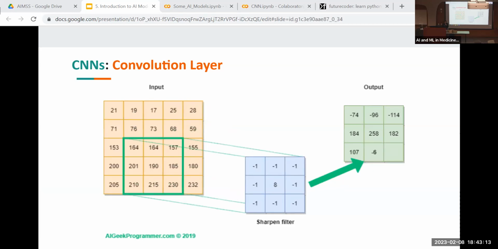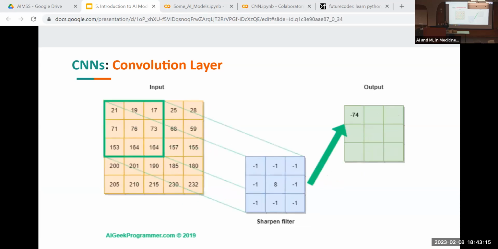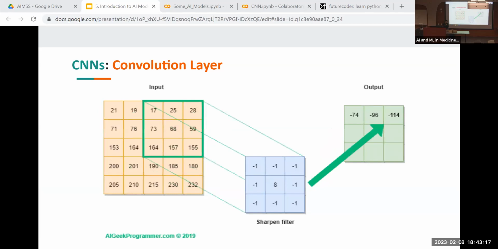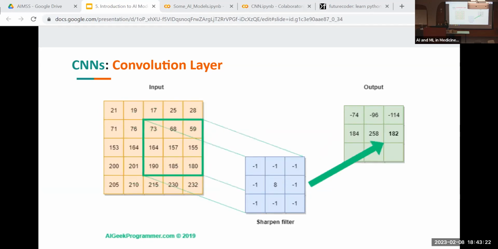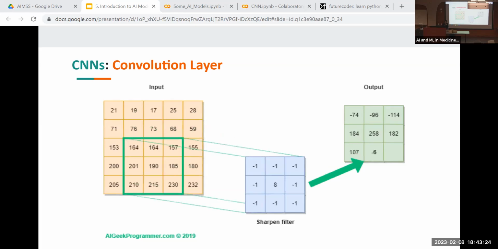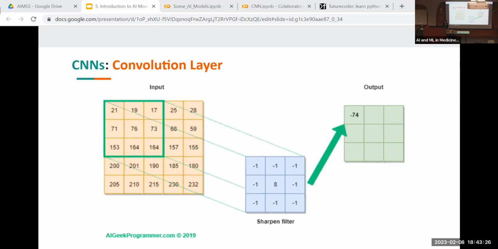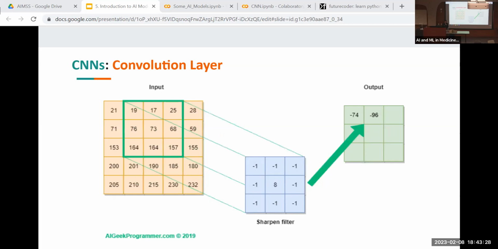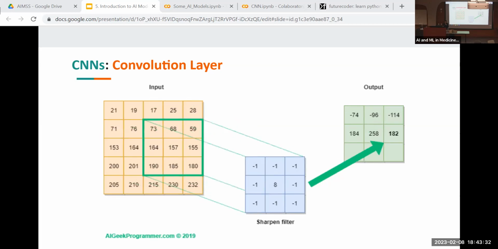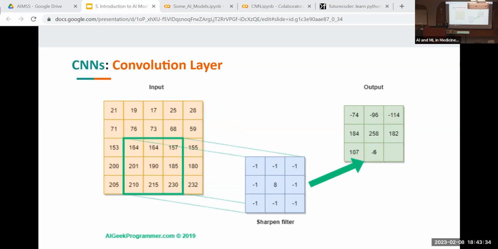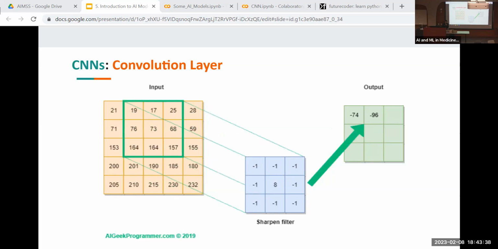In a convolutional layer, we have a filter, and this filter goes through the picture that we have. A piecewise multiplication is done in each iteration, and the output is a smaller matrix with different numbers based on the filter that we had.